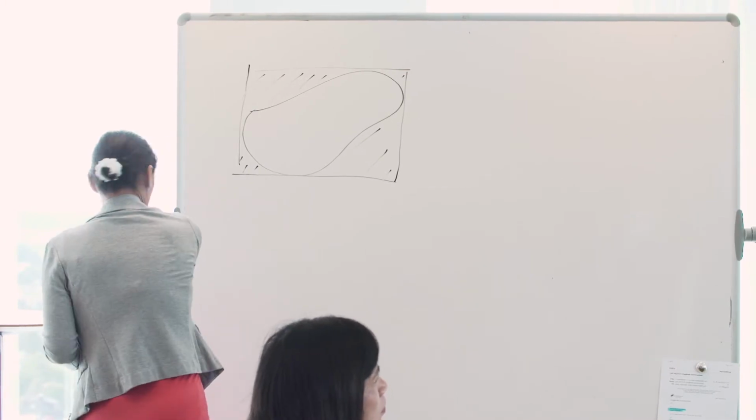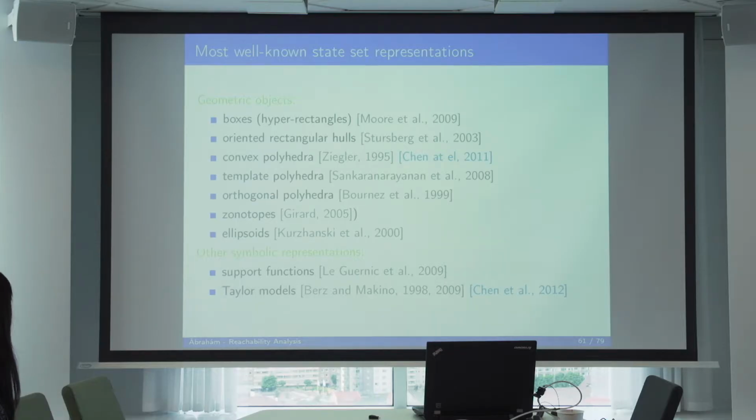And then we have also other sets, like you can turn boxes in the space. Or you can have in general polyhedra, which are more precise or can be arbitrarily precise, but also more complex to compute with, and so on. We already heard zonotopes. We already heard support functions. Flowstar uses Taylor models.